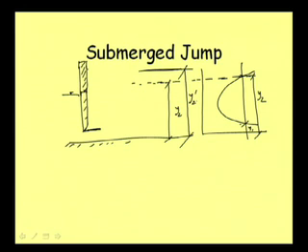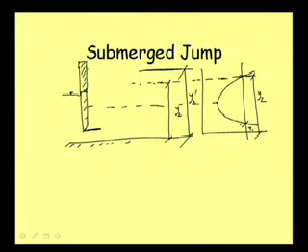Now, in this case, the water can jump from here to here, but what will happen to this part of water? We know that this depth is critical depth. When the depth is higher than critical depth, this is subcritical flow, and when you have a higher depth here, this flow will be coming back. So, what will happen in this case?